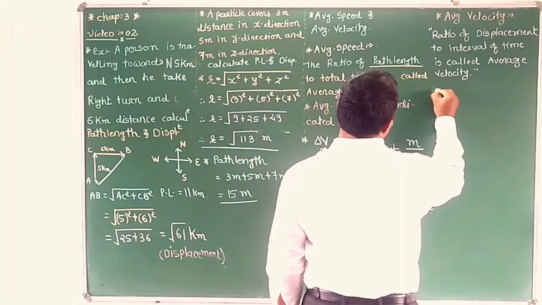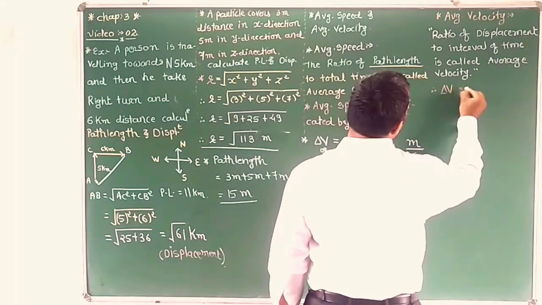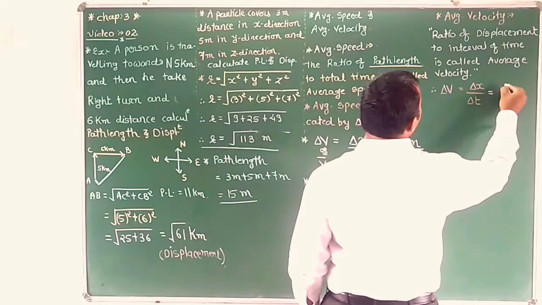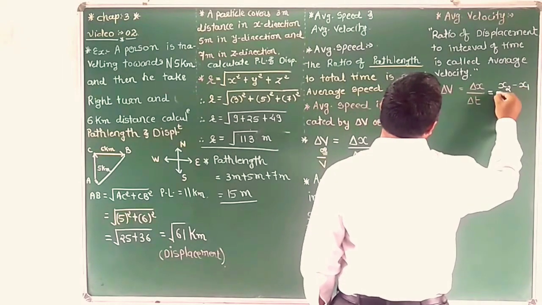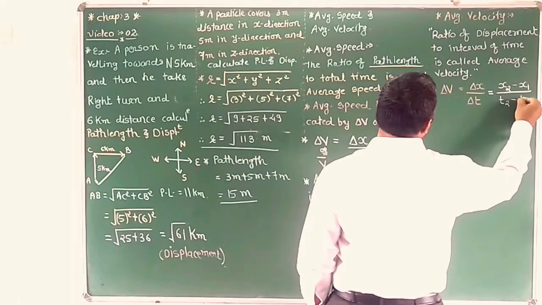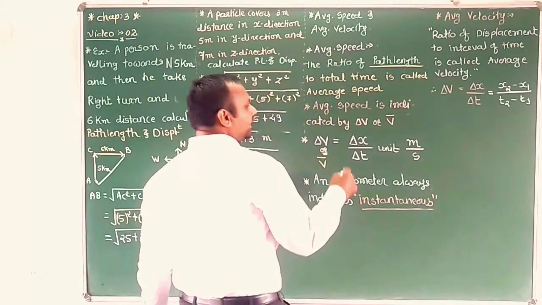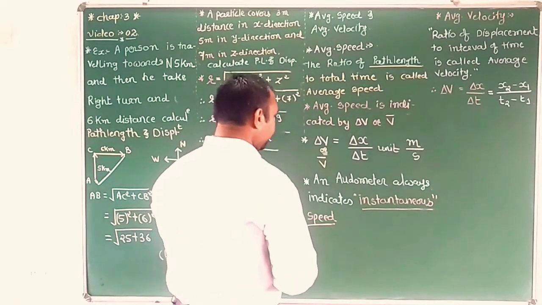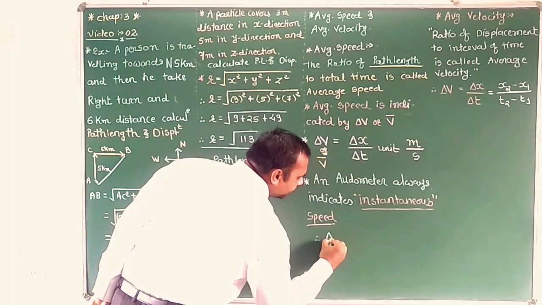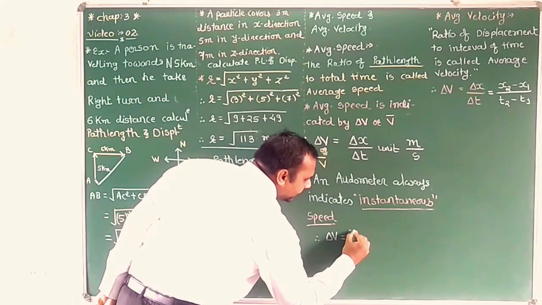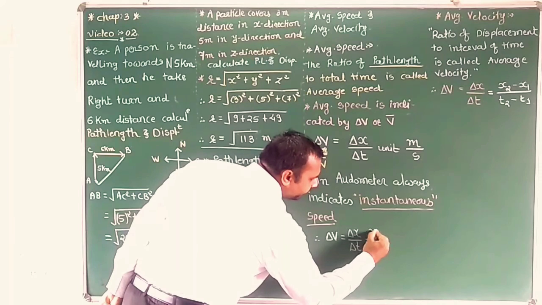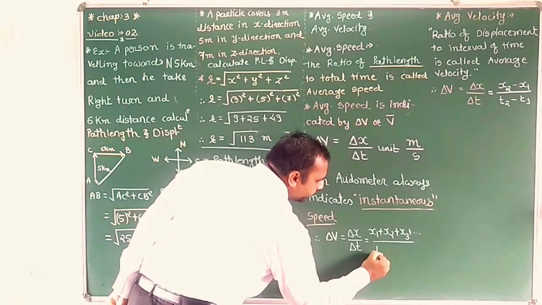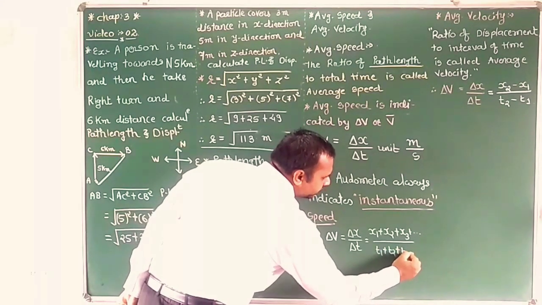Therefore delta v is equal to delta x by delta t. Here delta x is x2 minus x1, the displacement, and delta t is t2 minus t1. For speed, you can indicate x1 plus x2 plus x3 and so on, whatever distances are covered, over the interval t1 plus t2 plus t3 and so on.